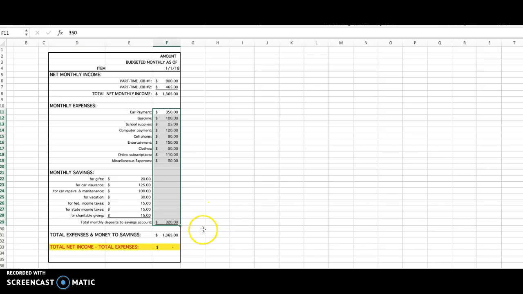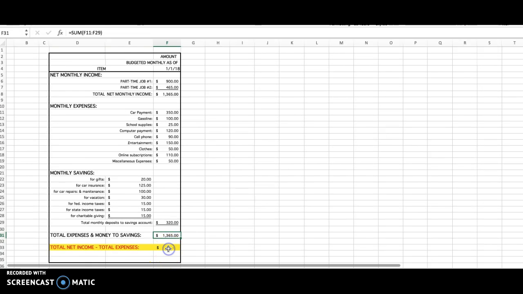When we add that up, the formula down here says the total expenses and the total money to savings is $1365. So we have what's called a balanced budget. Our net income would equal the total money that is used for expenses and the money that goes to savings. So this indicates down below here that we have a balanced budget.